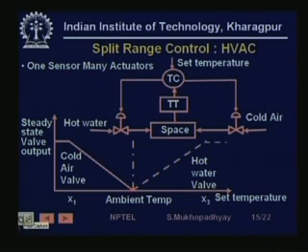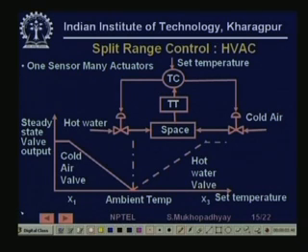So you see that this is the ambient temperature point, and if the set temperature is above it, then as the error increases, the hot water valve gradually gets opened. So the overall control input to the process, which changes its temperature, in this range will gradually rise and then finally become stable.